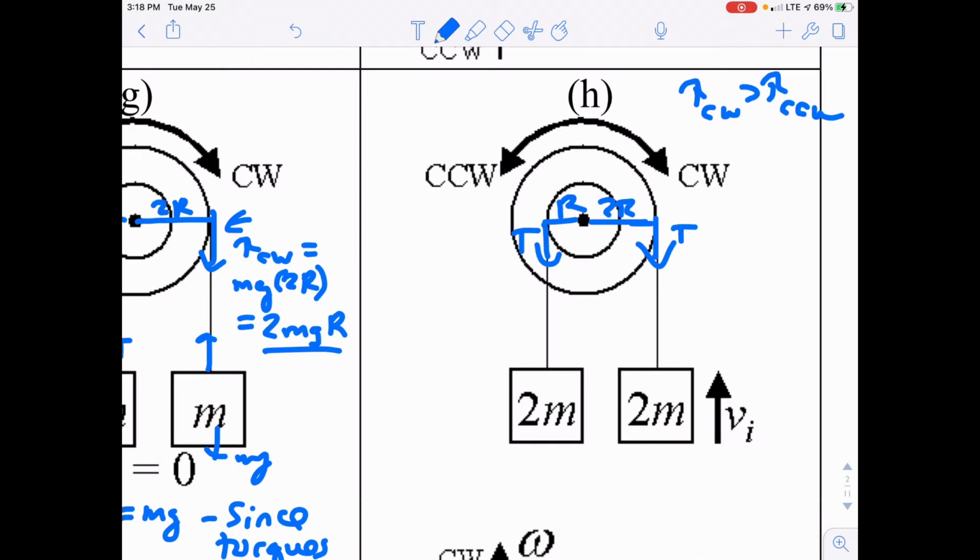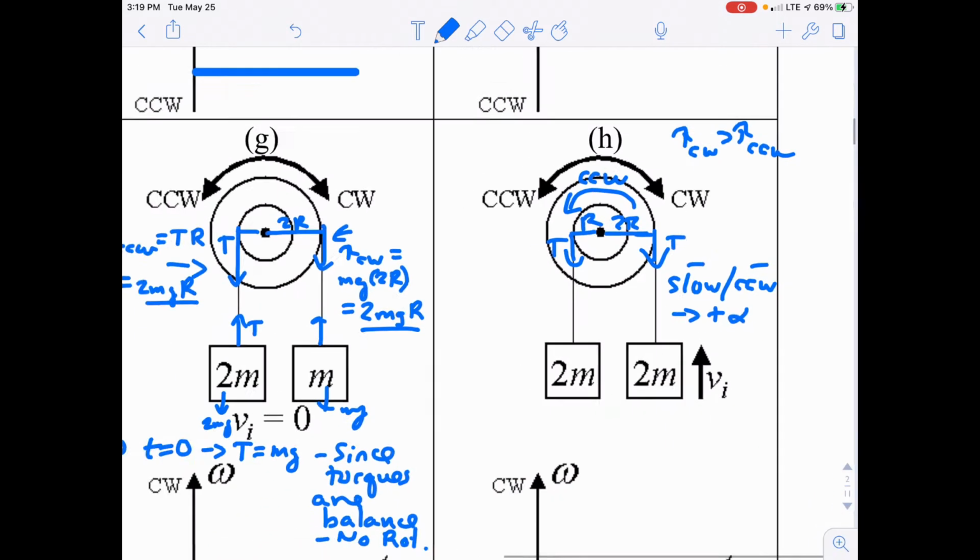So what that basically means is, since we're giving it an upward push on the clockwise side, what are we going to be doing? It wants to accelerate in this direction, but you're giving it a push against that. So we're going to be slowing down. Give it a spin in the counterclockwise direction. So negative, negative, which means overall positive constant acceleration.